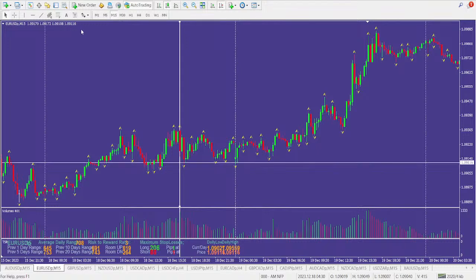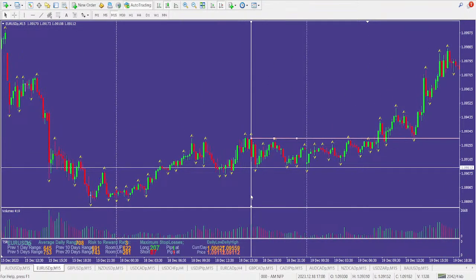We do have a high volume spike here. So got a level over there.